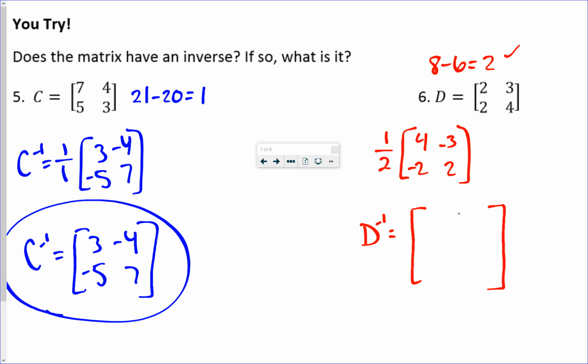What's the first one, Adam? 2. Ethan, what's my next one? Yep, -3/2. Jimmy, what's the next one? Taylor, what's the next one?